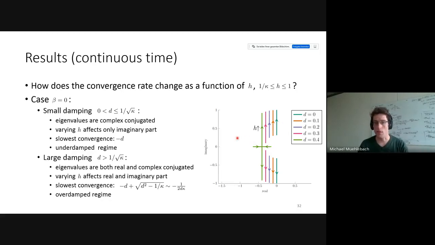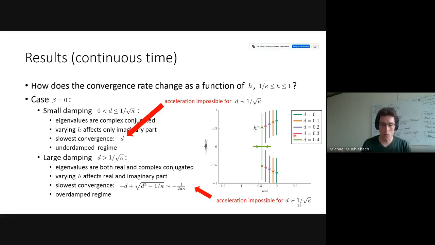What we see is that if we have small damping, then the eigenvalues will be complex conjugate. And as we increase h, one eigenvalue moves up and one eigenvalue moves down along the imaginary axis. And if we increase the damping, at some point they will become real, at which point the real part decreases for low values of h.